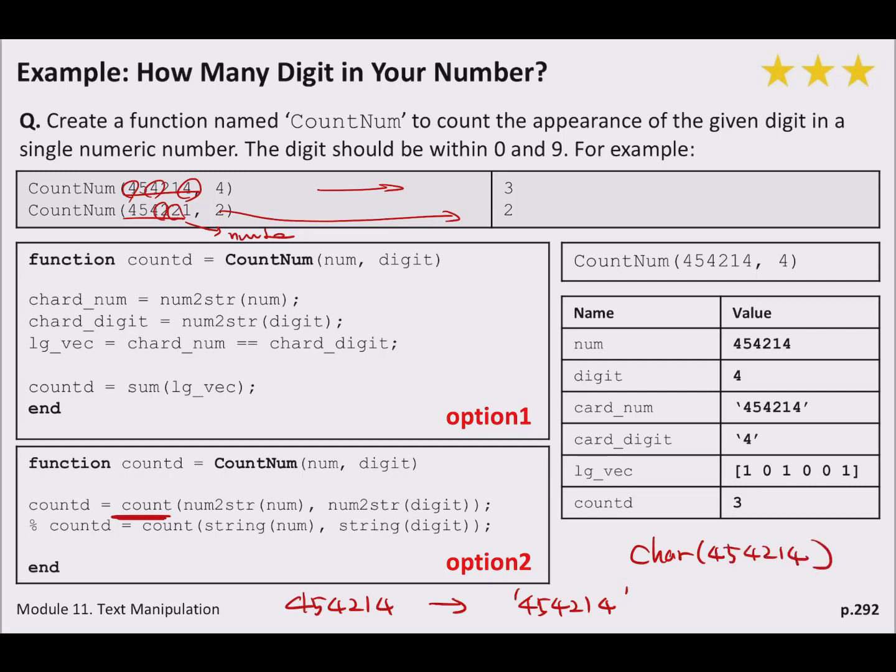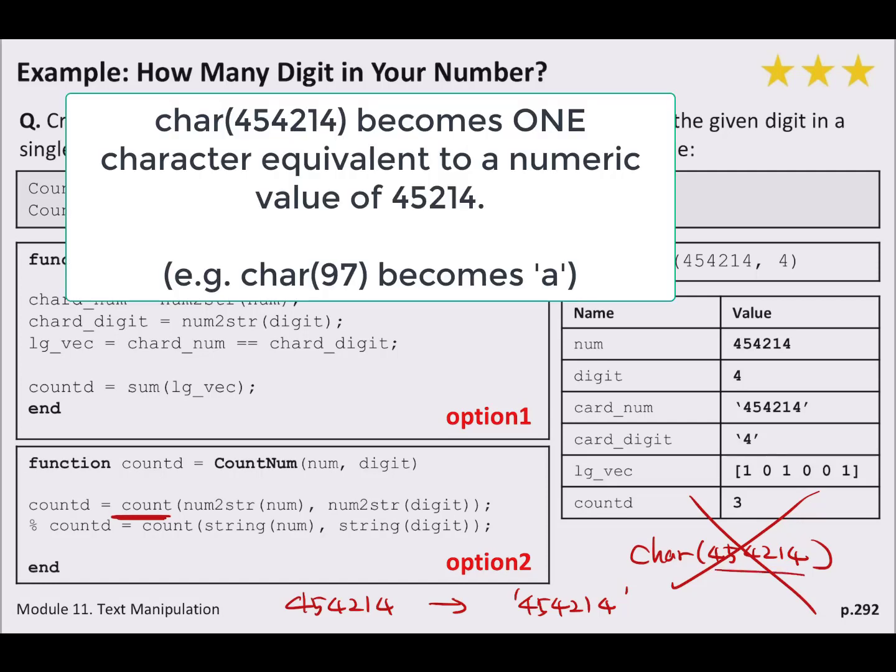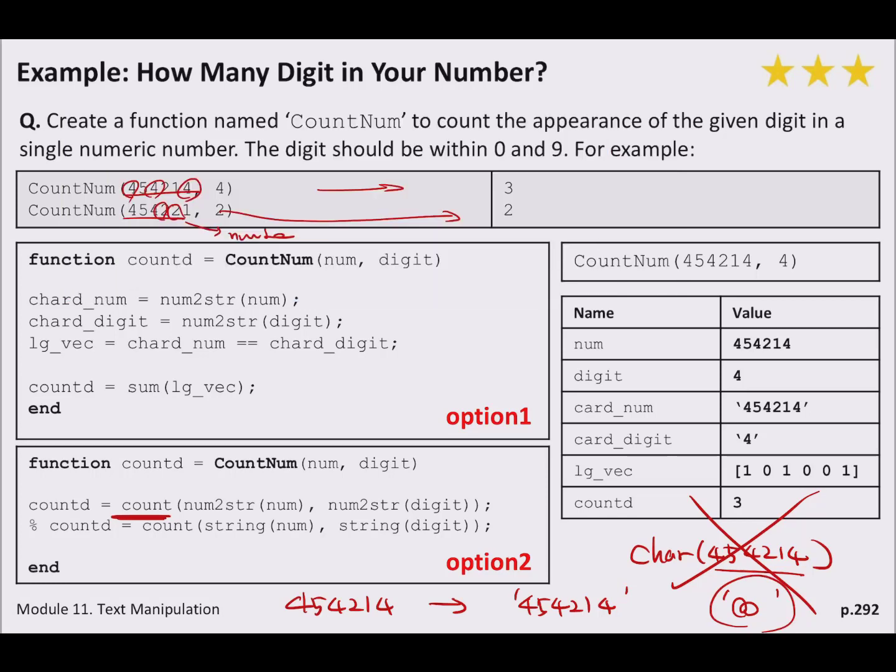If you do that you're getting some strange characters, because it finds the character that has the equivalent number. That's why we need to use num2str.